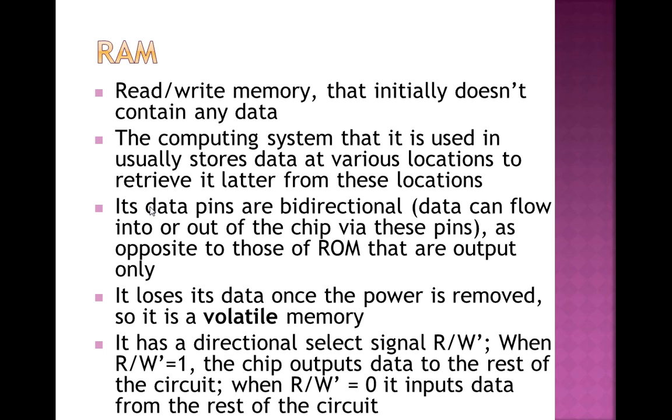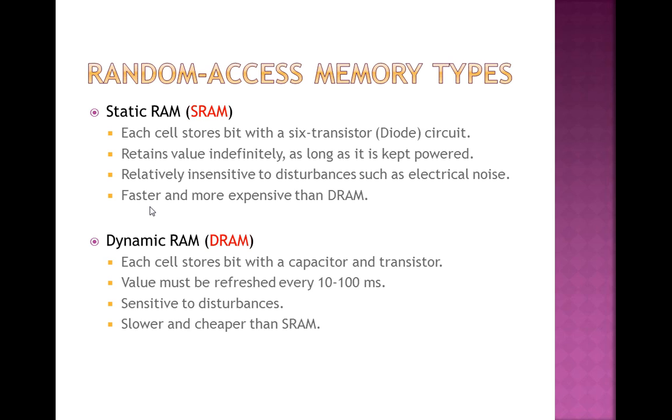Next point says it has a directional select signal R/W, that is read/write. When R/W equals 1, the chip gives the output to the circuit, and when R/W is 0, it takes input from the rest of the circuit.